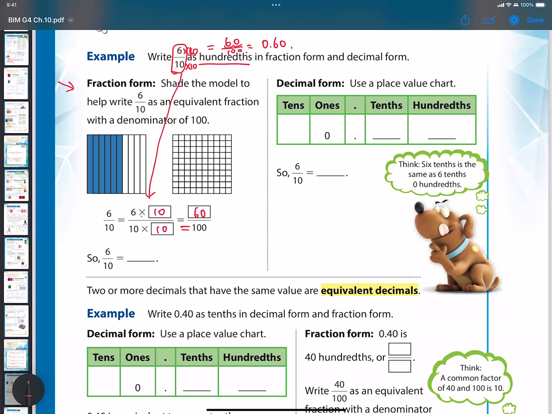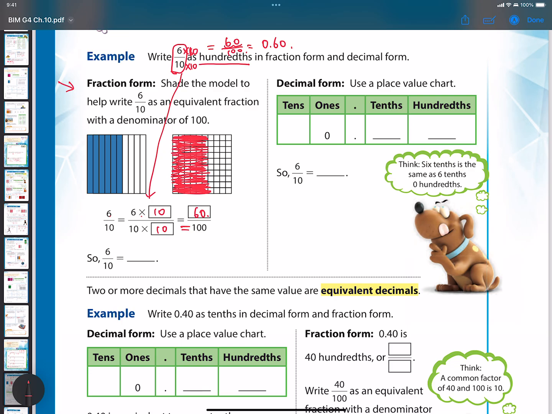So it becomes 60. Now 1, 2, 3, 4, 5, 6. We need to shade.